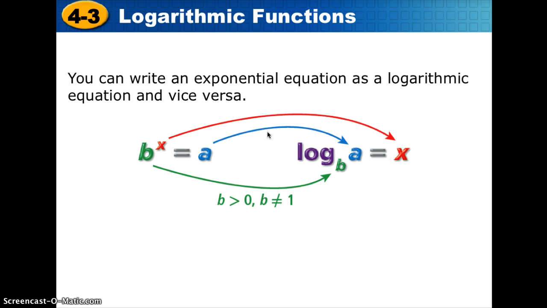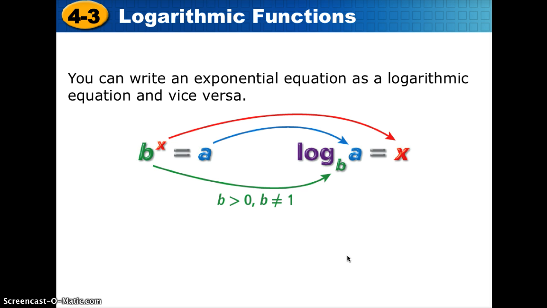In order to go back and forth between exponential form and logarithmic form, we need to see what the relationship is. So we have b to the x is equal to a. This is the exponential form. b is the base, x is the exponent, so far easy to remember, and the number that we get when we raise b to the x power is a. a is going to end up being called the argument in our logarithmic form.